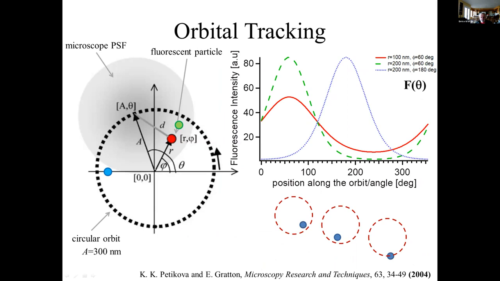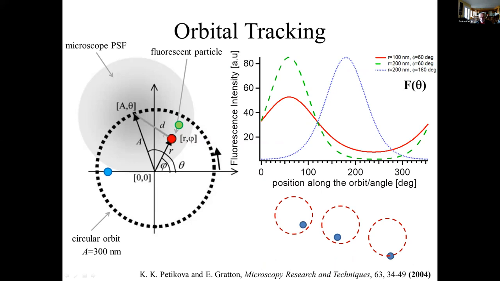Suppose the particle is at the center. If the particle is at the center, we can move the volume of illumination, which is that shadow that you can see here, all around. If the particle is exactly at the center, we get no changes as we move around.